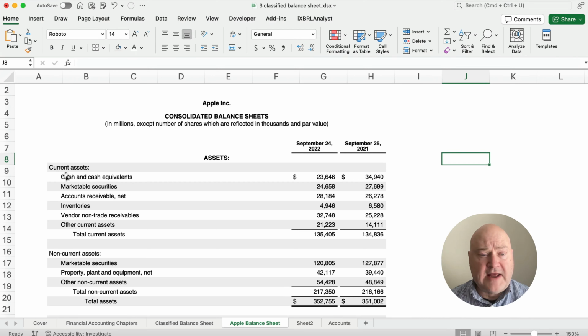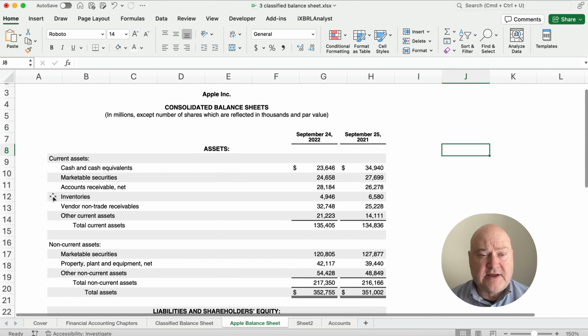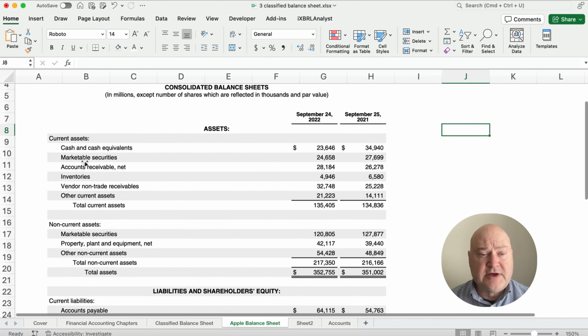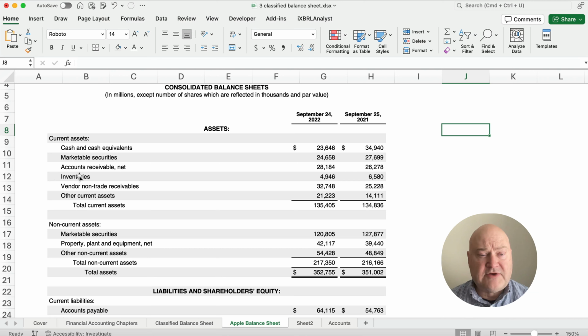So here we have current assets: cash and cash equivalents, marketable securities, accounts receivable, inventory, and then some other receivables. So this is for non-trade receivables. They have some vendors that owe them money, and then some other current assets, could be prepaid items and things like that. Then they put everything into the non-current assets.